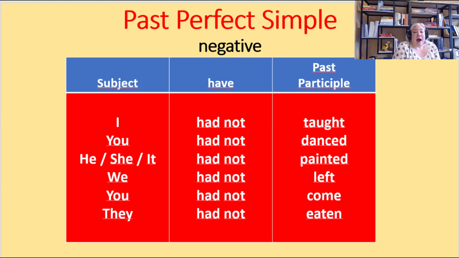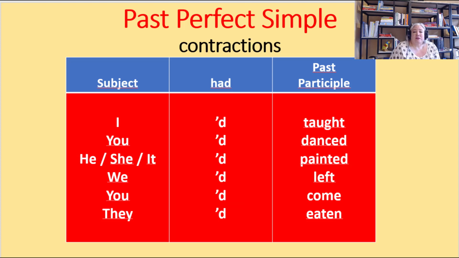The negative, I had not taught, you had not danced, he, she, it had not painted, we had not left, you had not come, they had not eaten. We've got contractions. I'd taught, you'd danced, he'd painted, she'd painted, it'd painted, we'd laughed, you'd come, they'd eaten.